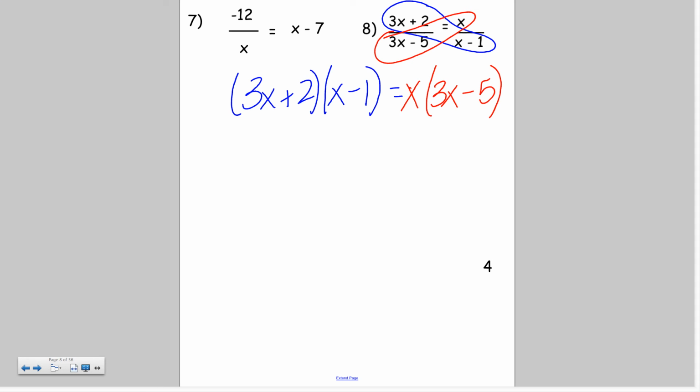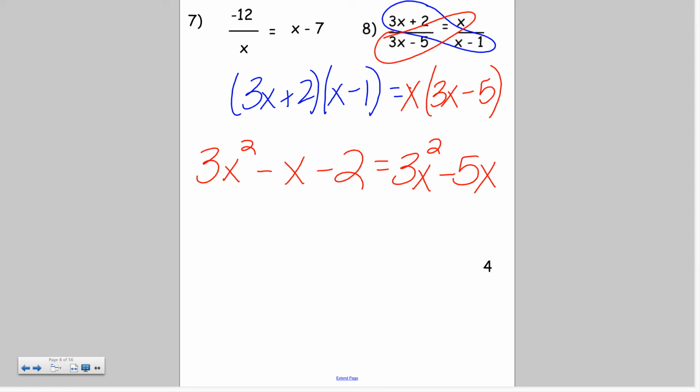So when I box this side with the binomial and the binomial, we get 3x squared minus x minus 2 equals 3x squared minus 5x, and that's just distributing on this side. So box or FOIL on this, and distribute on the other side.